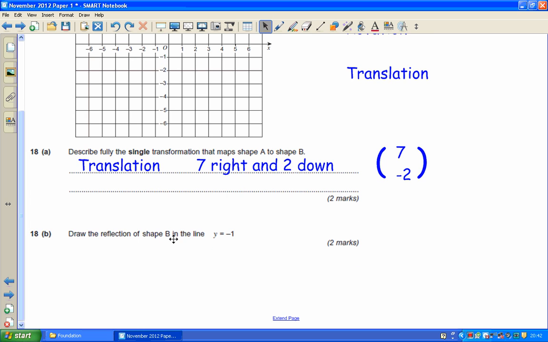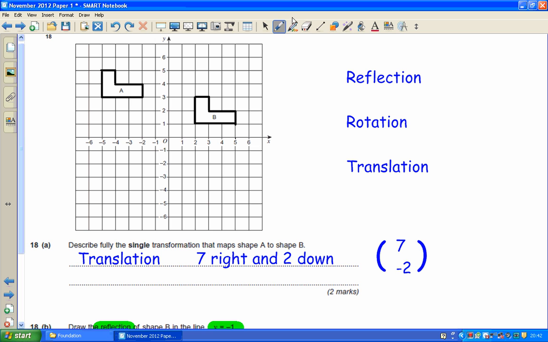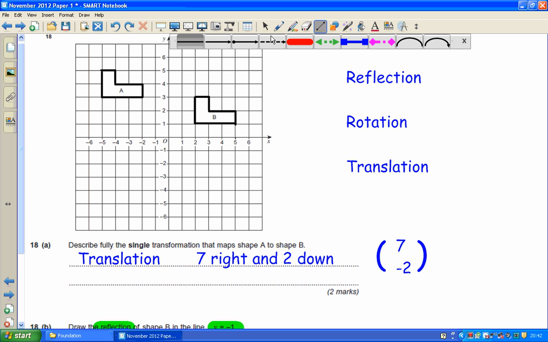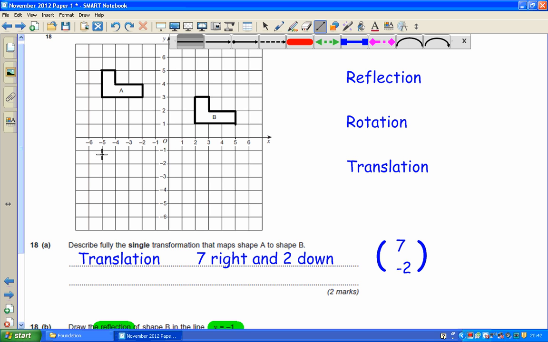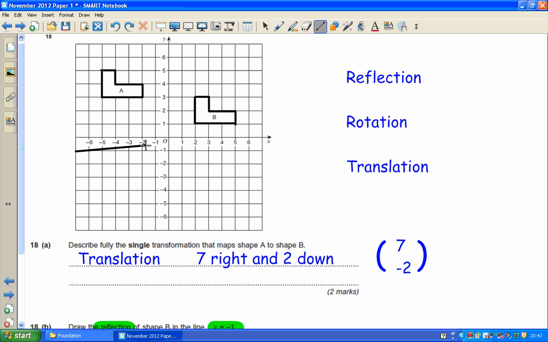Draw the reflection of shape B in the line y equals -1. So when y equals -1, first we need to find where the line y equals -1 is. So we look on the y-axis, and we look for the number -1, and we can see there it is. So our reflection line is going to be the line that goes through -1 on the y-axis.